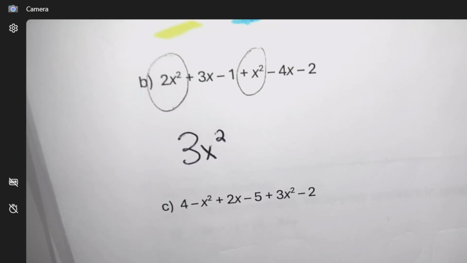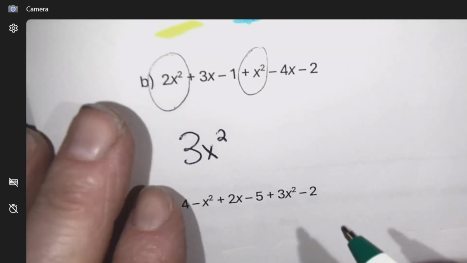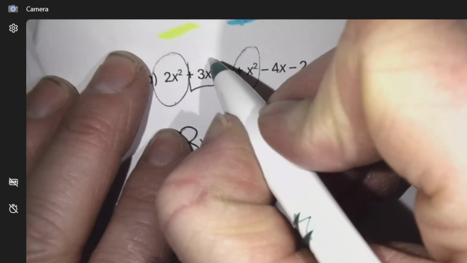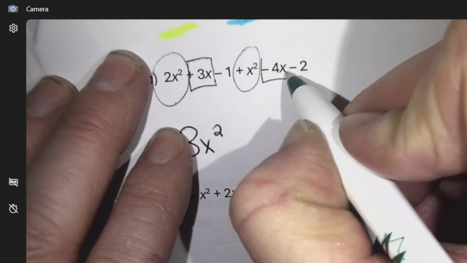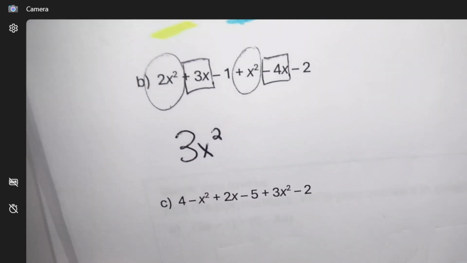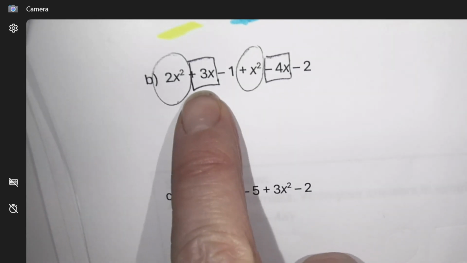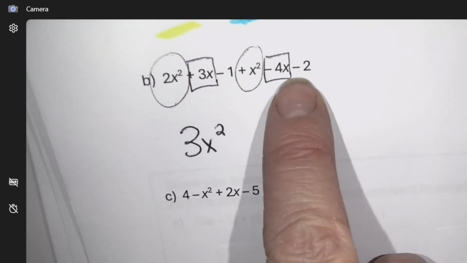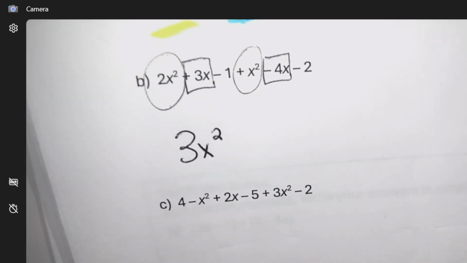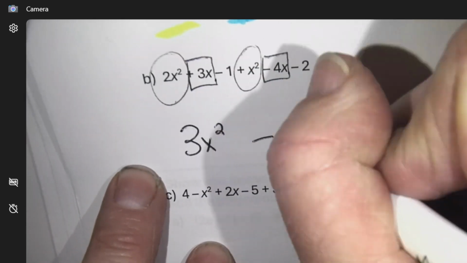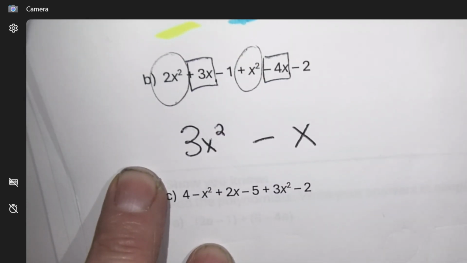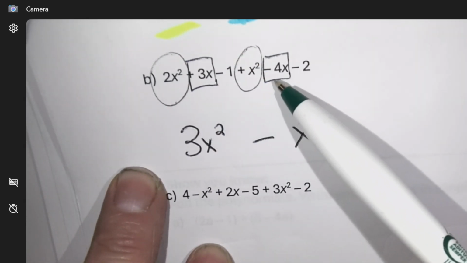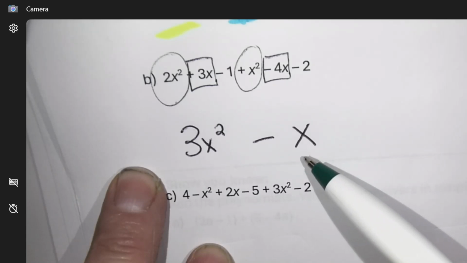Okay, now I'm going to look for other like terms. So there's a 3x and a minus 4x. Those would be considered like each other. So if you had 3 x's and you took away 4 x's. Is that negative x, because it's x squared subtract 4x?